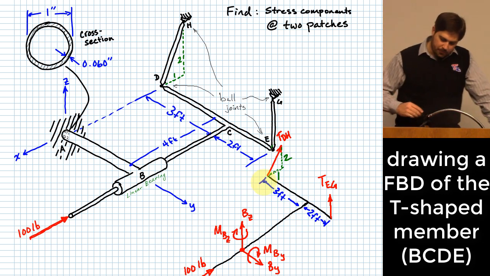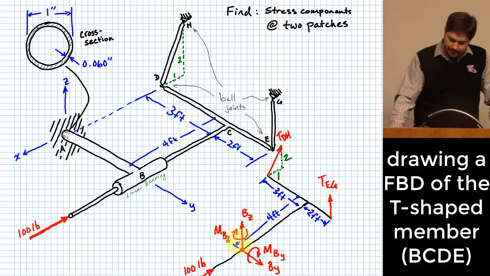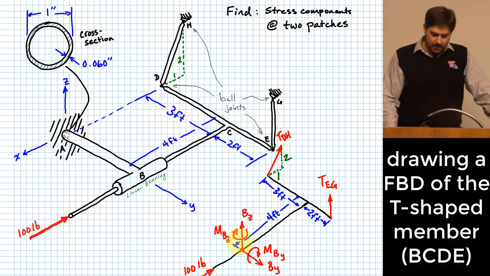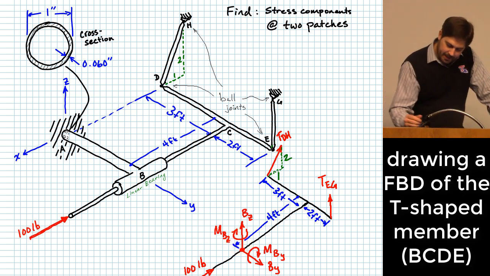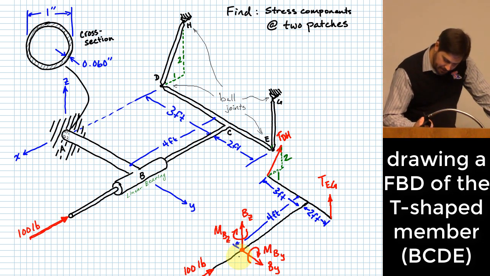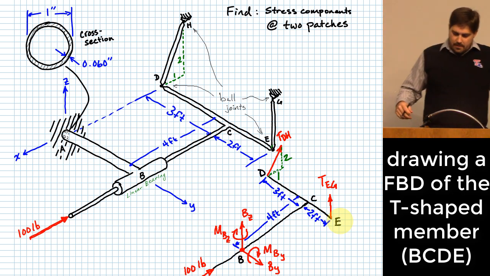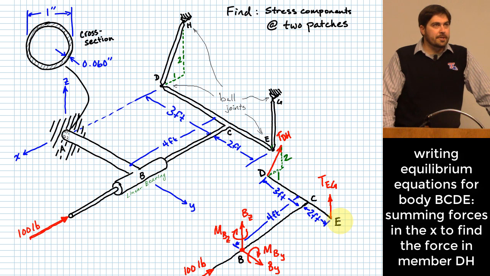And then it's 4 feet going from this location over here back to point B. One of the other things I typically like to do is also label all of my locations, right? So this was location B, this is C, this is D, and this is E. All right. So far, so good.